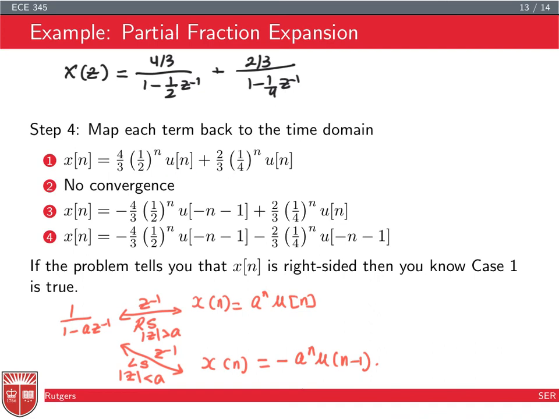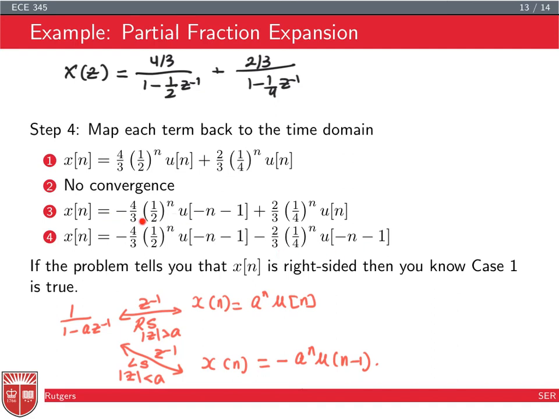So both signals are right-sided. In the fourth case, both signals are left-sided, and this is why I'm applying this formula here. So I have 4/3, with the negative sign, 1/2 to the power n u of minus n minus 1. So you can see that the first signal is left-sided, and the second signal here is left-sided.